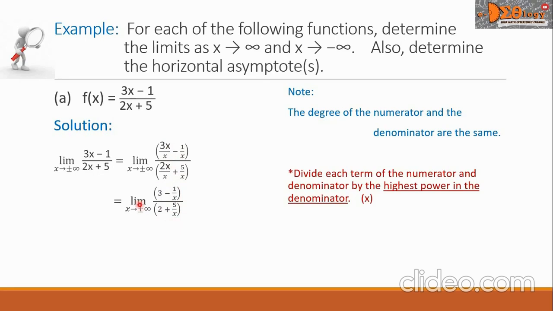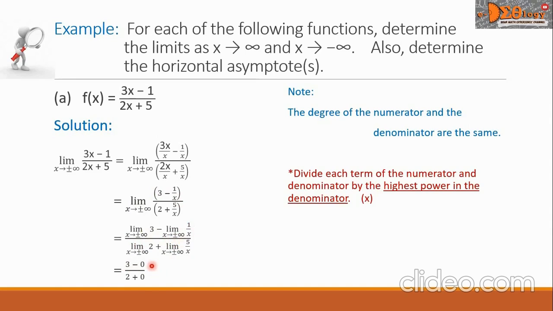Now let us take the limit of each of the terms in the numerator and in the denominator. So we will have this expression. Now let us simplify each of the limits. The limit of the constant 3 as x approaches positive or negative infinity is simply 3, minus the limit of 1 over x as x approaches positive or negative infinity.